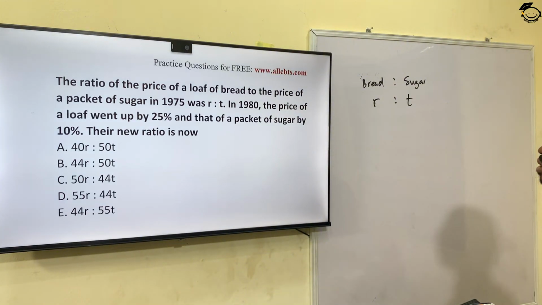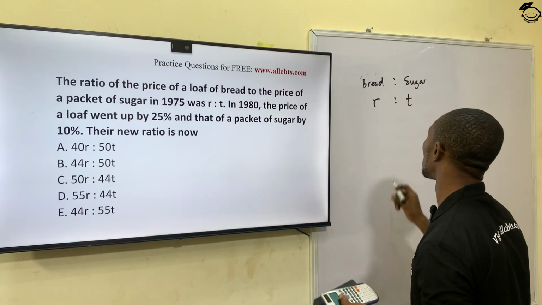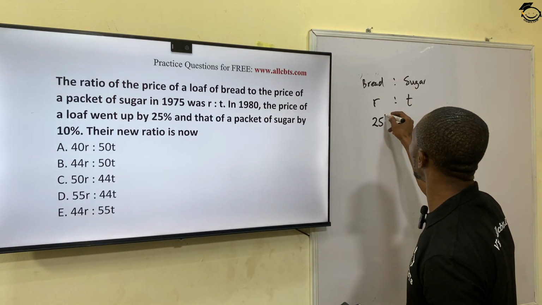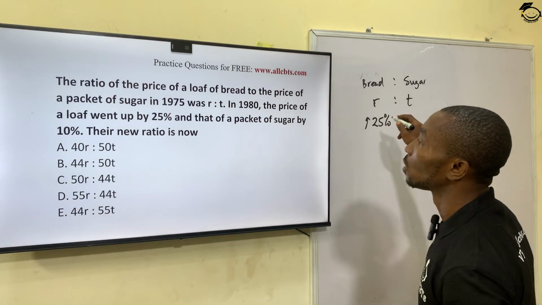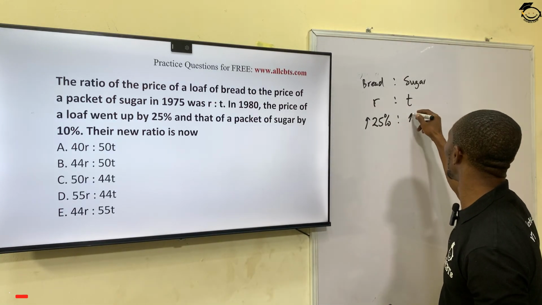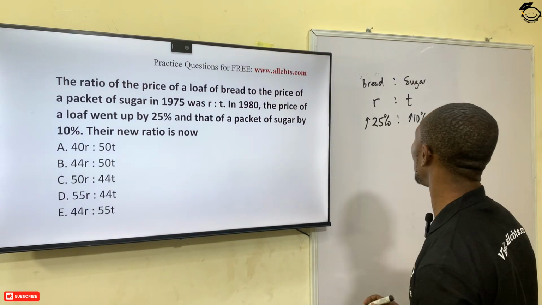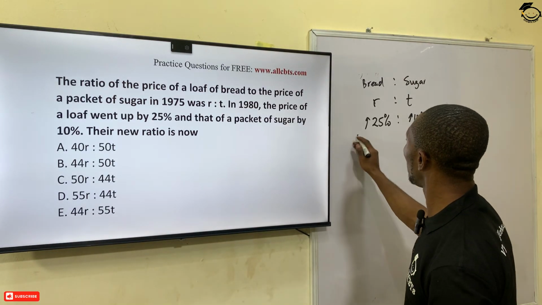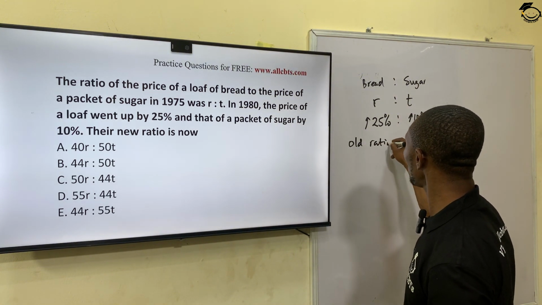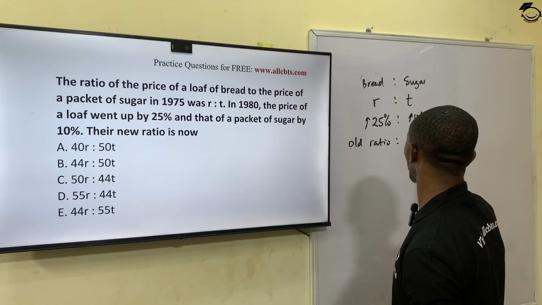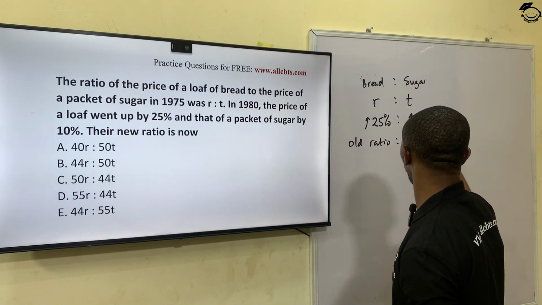Now, in 1980, the loaf went up by 25% increase, and sugar went up by 10% increase. Now we have to find the new ratio. Our old ratio is R:T, which is assumed to be 1:1.